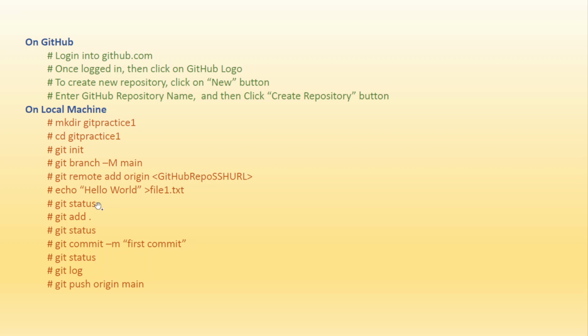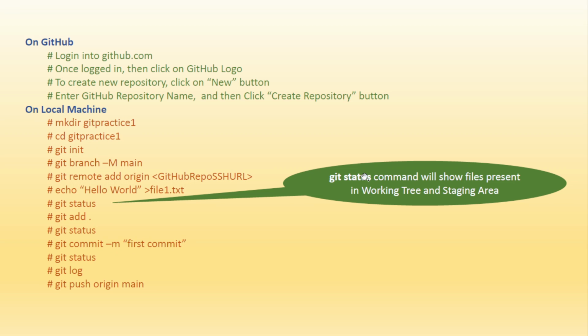Then there are two commands that I have just added. One is git status and the second is git log. The git status command will show files present in the working tree and staging area, right? We have those areas, working tree and staging area. If we would like to know what all files are present, git status will give us that.